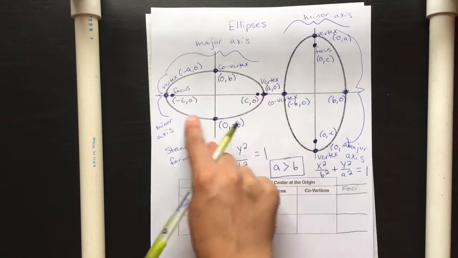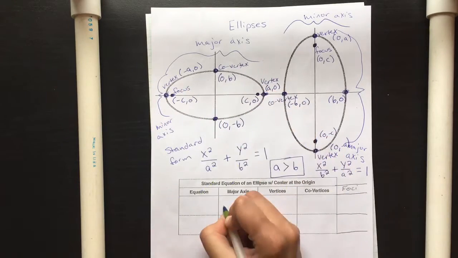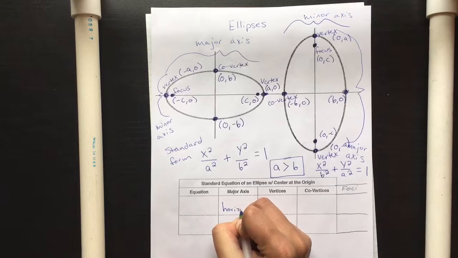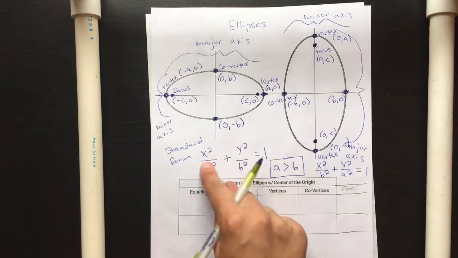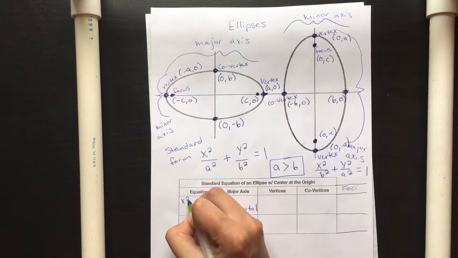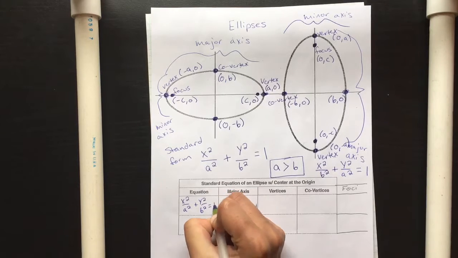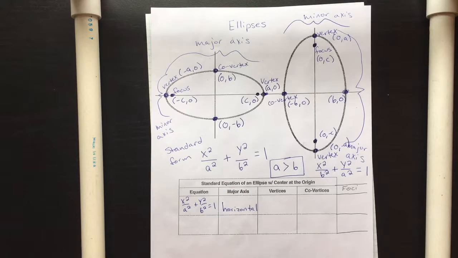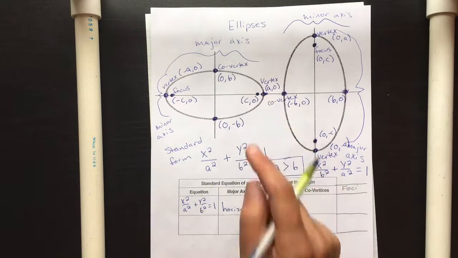So our first ellipse has its major axis horizontal, so we'll start with that one. And our standard form equation was x squared over a squared plus y squared over b squared equals 1. All right, we haven't talked about the length of this major axis yet.